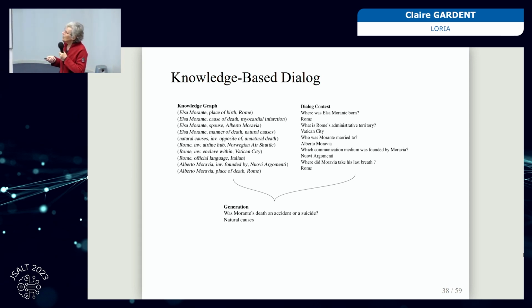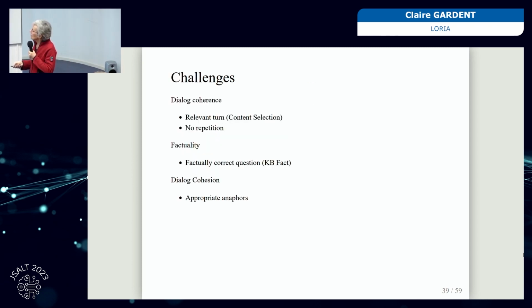So the input to the task is a dialogue context and a knowledge graph, which is a subgraph of Wikidata, for example. And the task is to generate the next question. What we wanted was a finer-grained assessment of the dialogue's factuality, coherence, and cohesion.